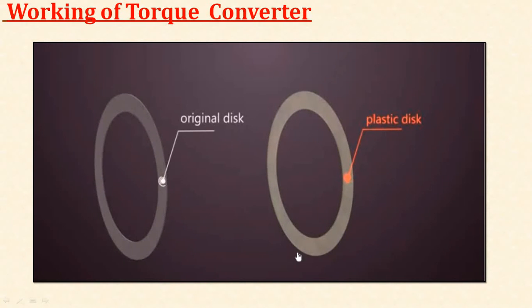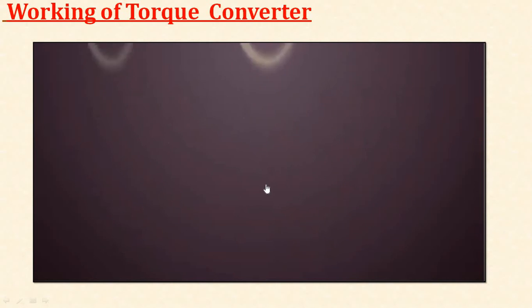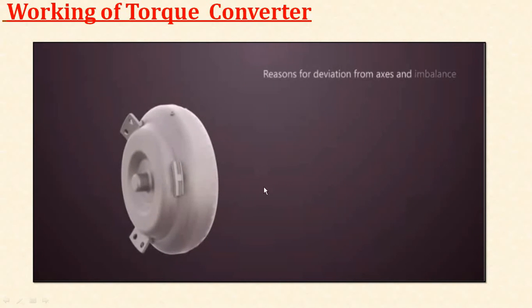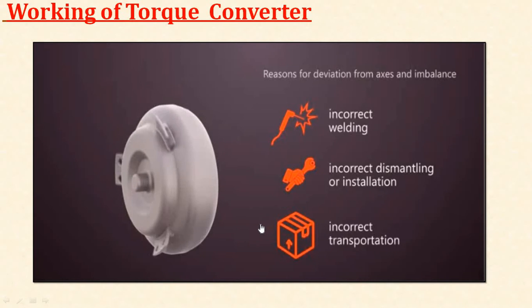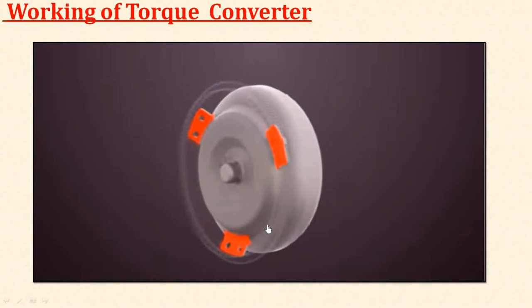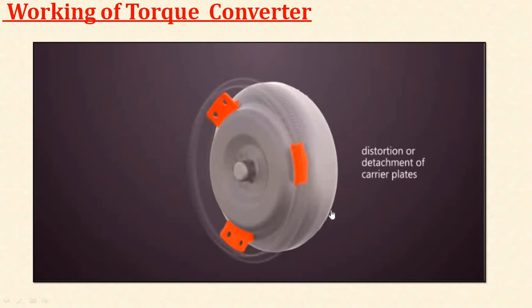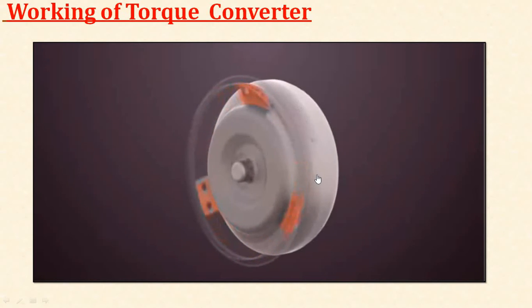Original disc and plastic disc assembled at assembly time can cause deviation of the axis and imbalance. Incorrect welding, incorrect dismantling or installation, and incorrect transportation cause distortion and detachment of the carrier plates, which affects power transmission.